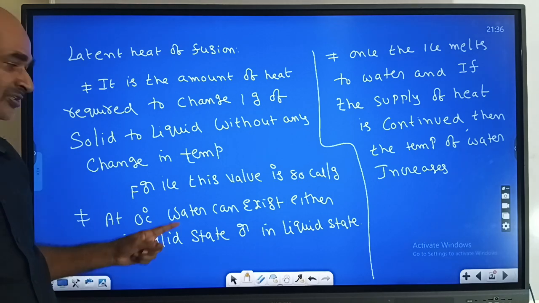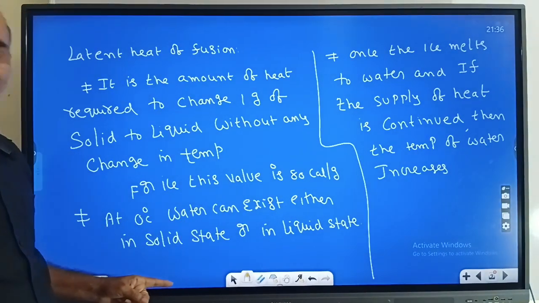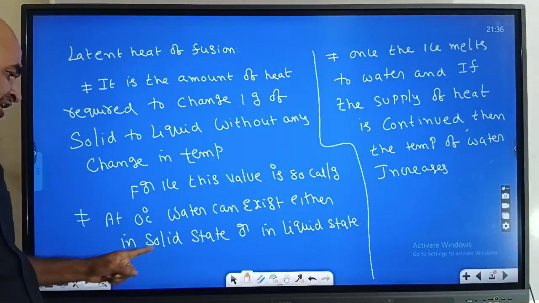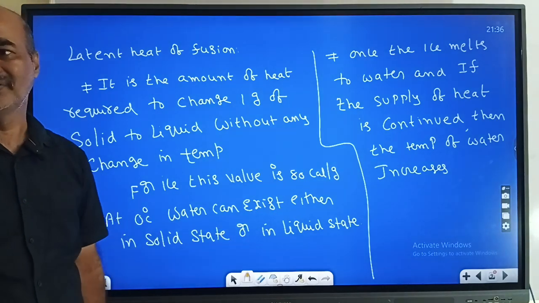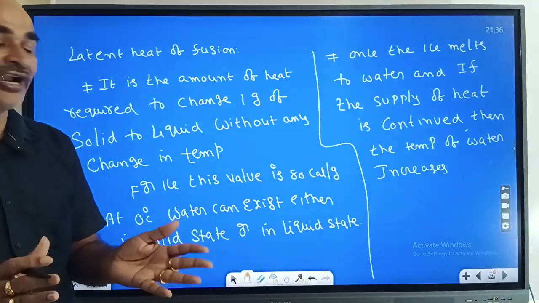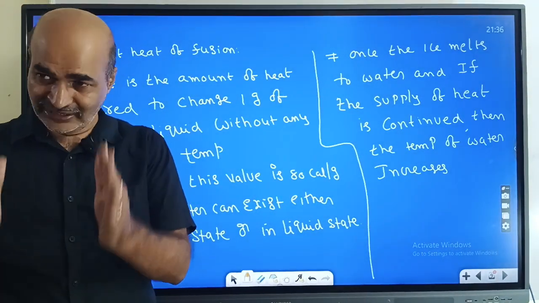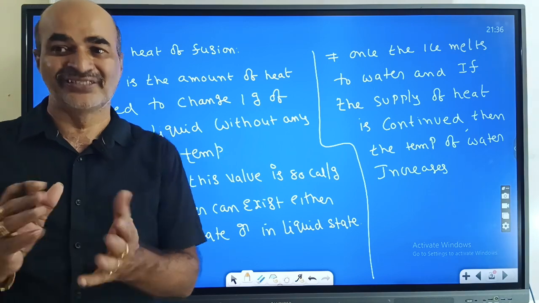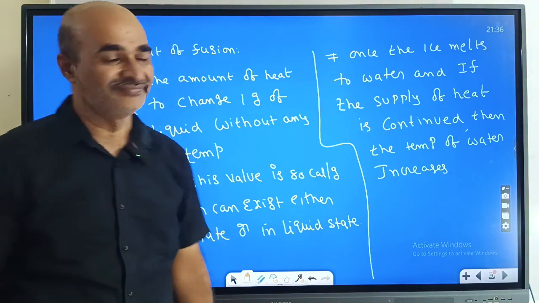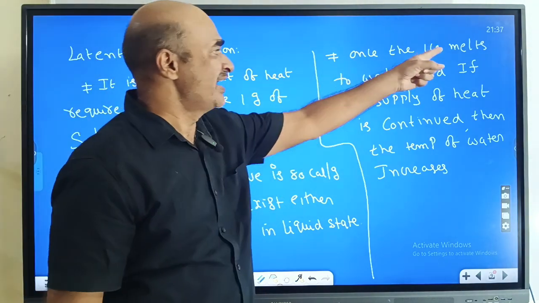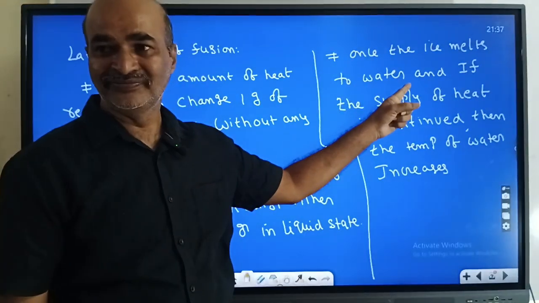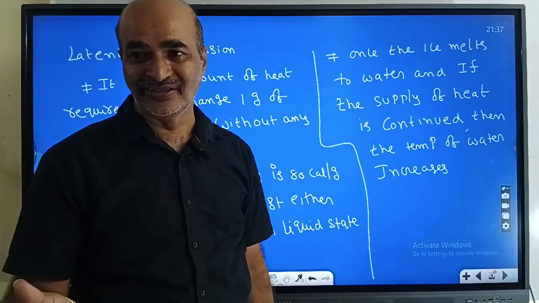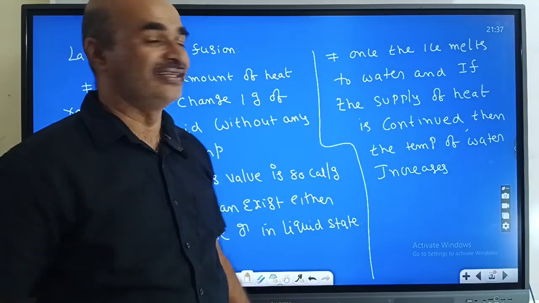At 0 degrees centigrade, water can exist either in the solid state or in the liquid state. At 0 degree centigrade, water and ice are in equilibrium; both coexist.